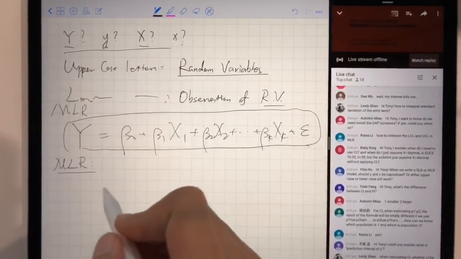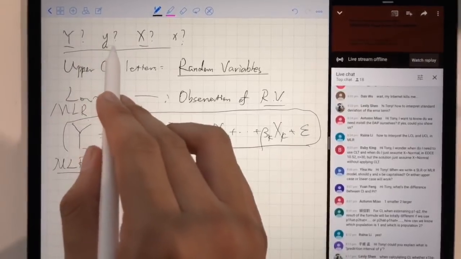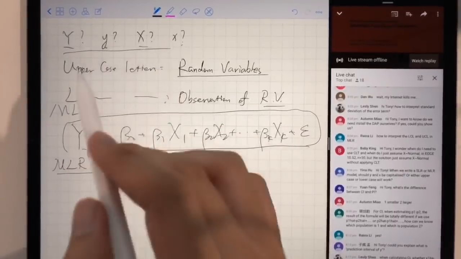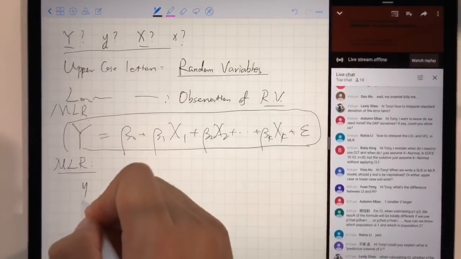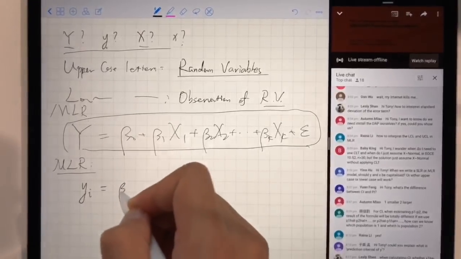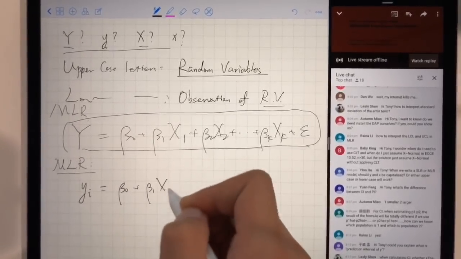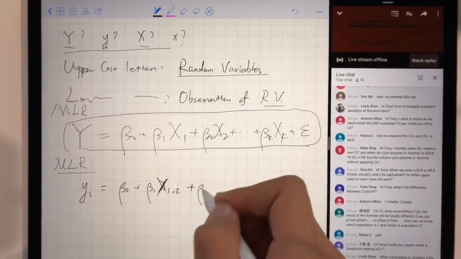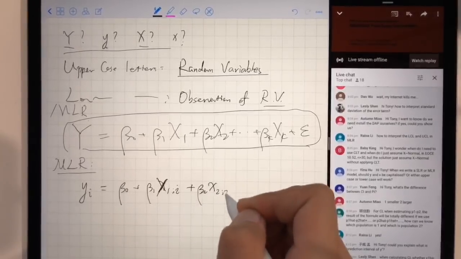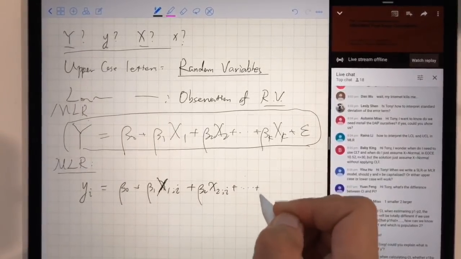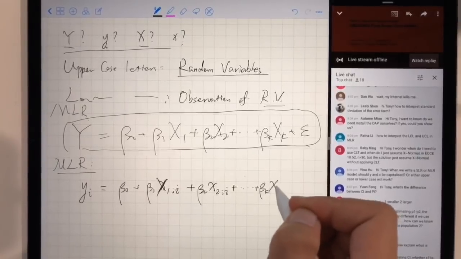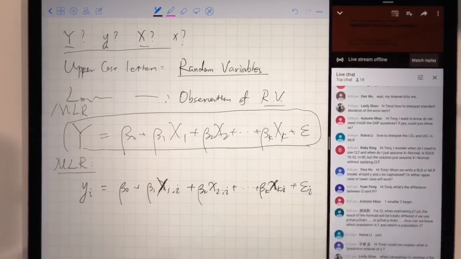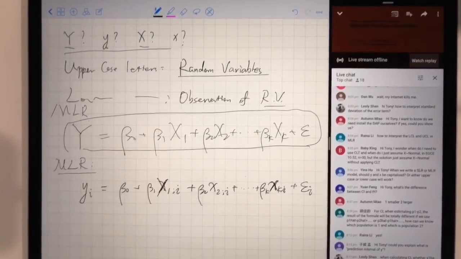The lowercase values stand for observations, so for observations, you have to have an order on the observations. So you have to write down yi equals beta 0 plus beta 1 x1i plus beta 2 x2i plus and so on, plus beta k xki plus epsilon i. Okay, so you know what I mean?